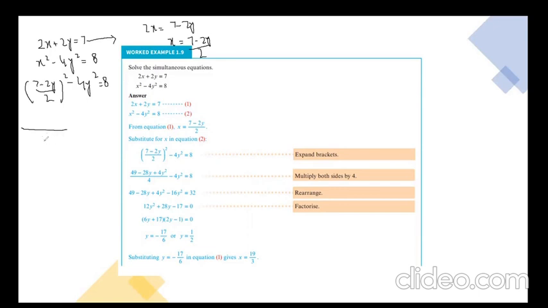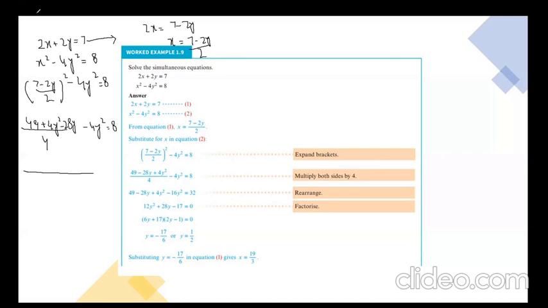Now 7 square is 49, so 49 plus 4y square minus 2ab, which must be minus 28y, all over 4, and minus 4y square equals 8.